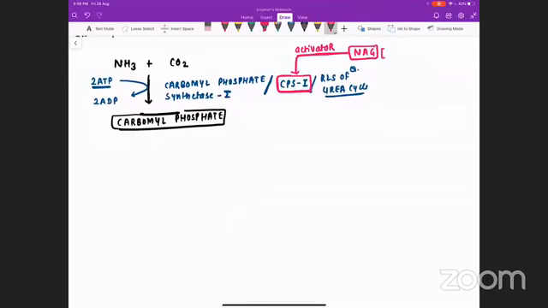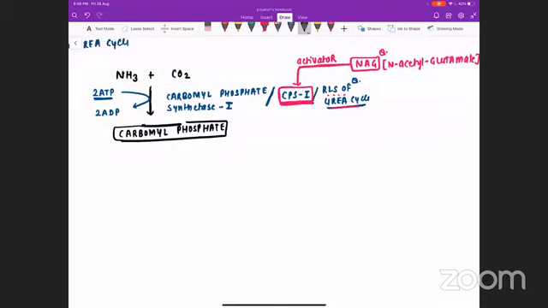The full form of NAG is N-acetyl glutamate. N-acetyl glutamate is the activator of CPS1. This has already been asked: who is the activator of CPS1, or who is the activator of the rate limiting step of the urea cycle? The answer is NAG.